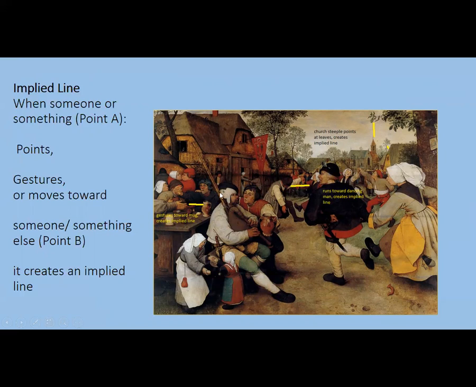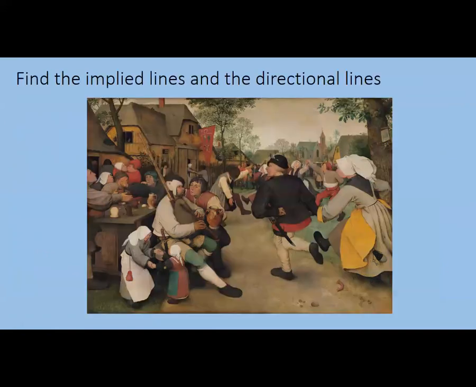The man's pole on his bagpipe points up and leads us to this tree. The bagpipe is point A, the tree is point B. So it's not a line that connects. An implied line doesn't touch what it's leading toward, but it moves toward, points toward, gestures toward what it is leading us to look at or leading us toward.